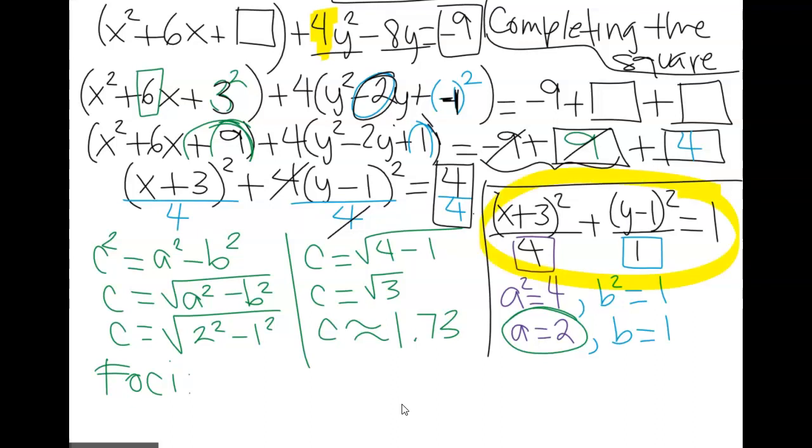So remember too that we also need to find the center. So for the center, we will be using the values for h and k. And those are going to be in the equation.